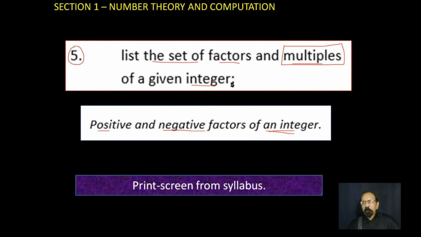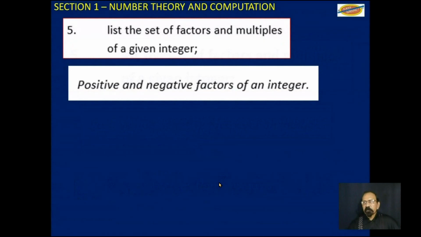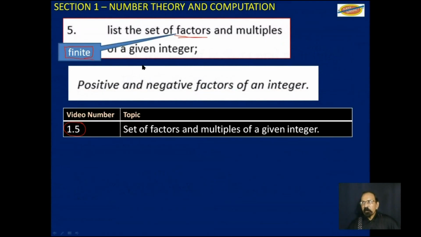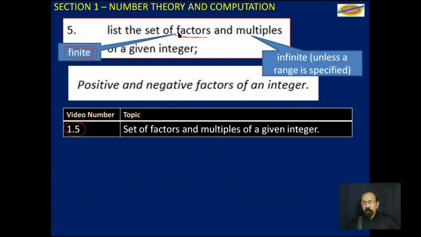And what you see up here is a print screen from the current syllabus. There are only limited factors for a number, but when you talk about multiples, that's infinite, as many as you want, unless a range is specified.